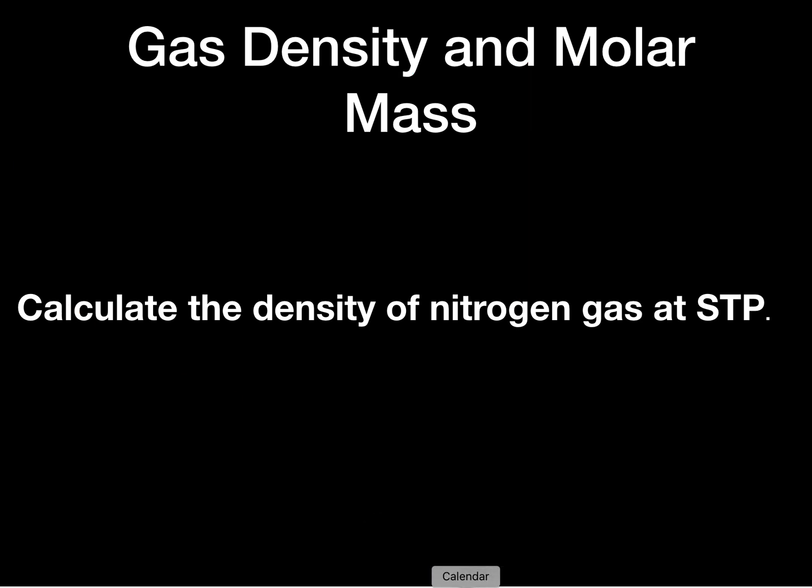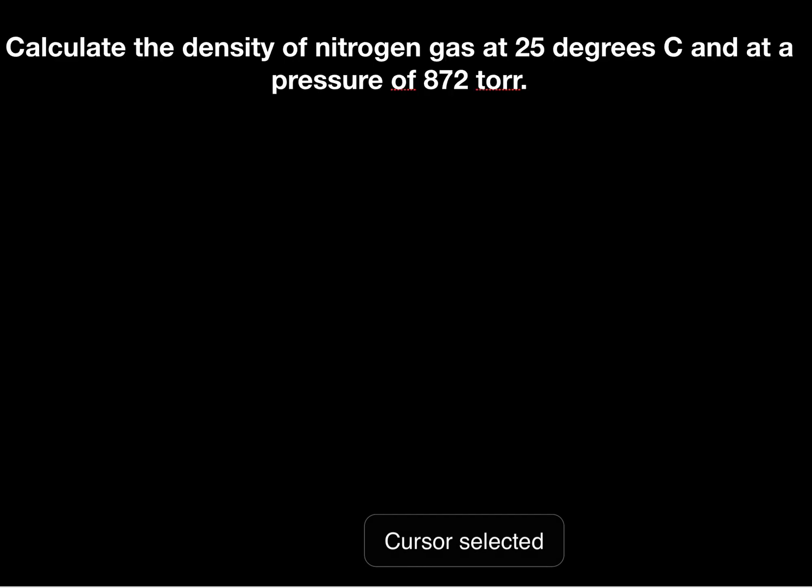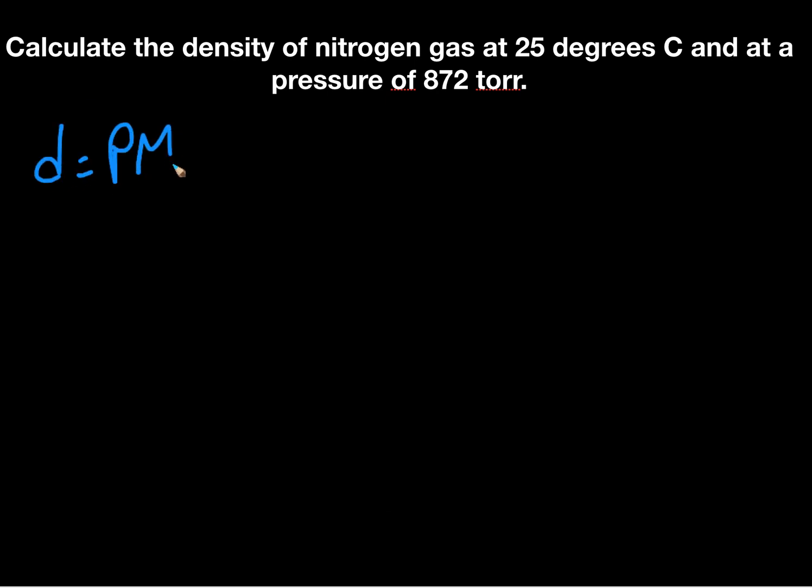Now, we have a few examples of this because this is new. So it says calculate the density of nitrogen gas at 25 degrees Celsius and at a pressure of 872 torr. All right. So, first thing, we know our equation. D equals PM all over RT. So now, pressure.